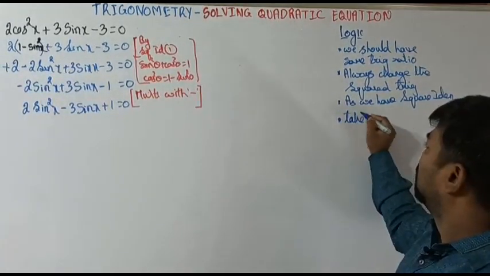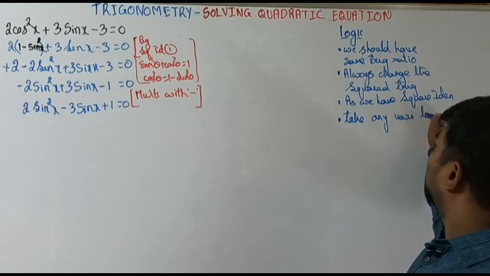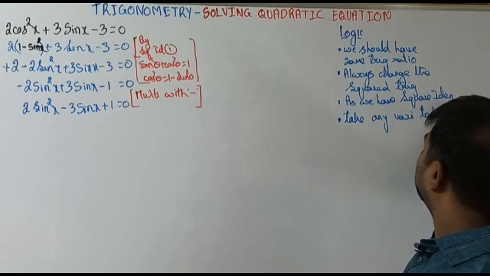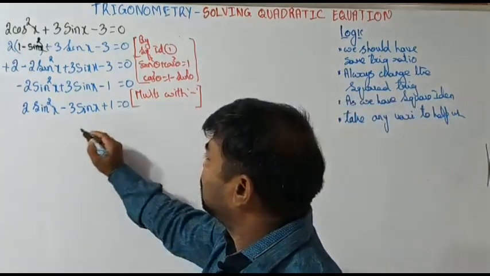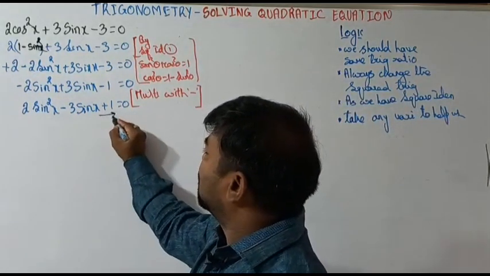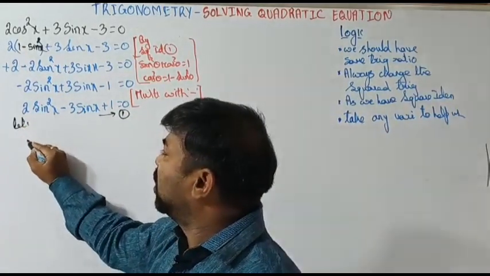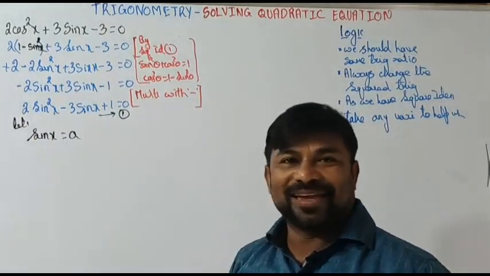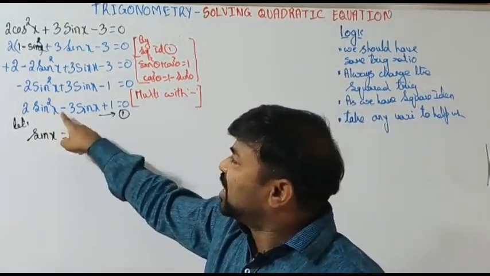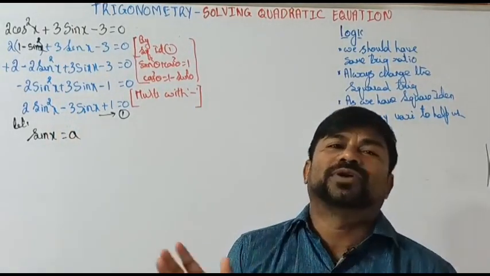Take any variable to help us. This is the logic we have to follow. I like to call this equation 1. Now I am taking sine x is equal to a, just to make the sum very simple.